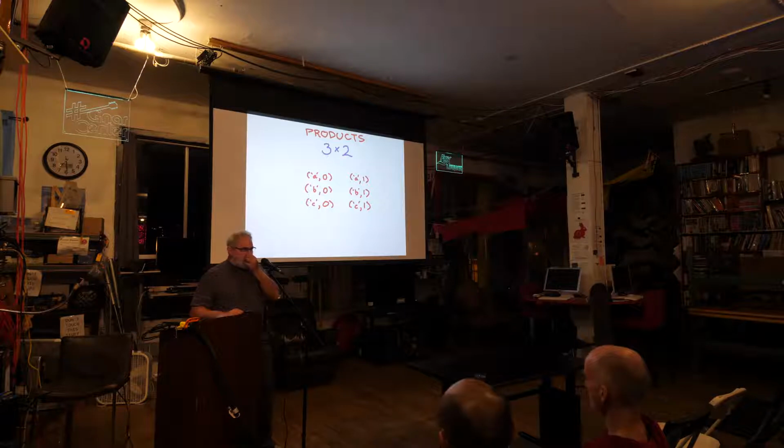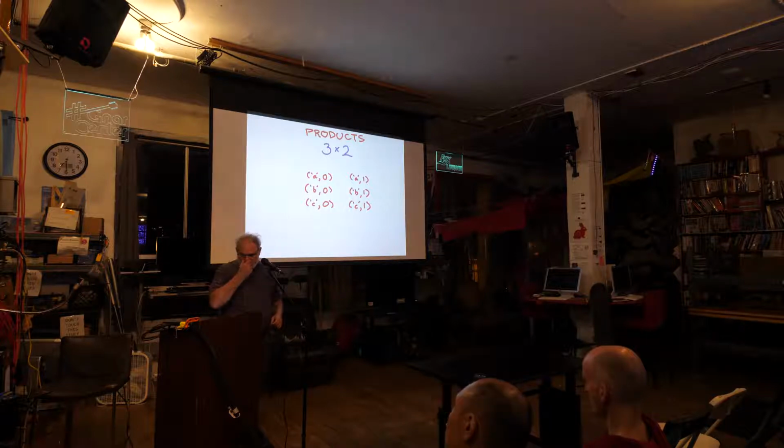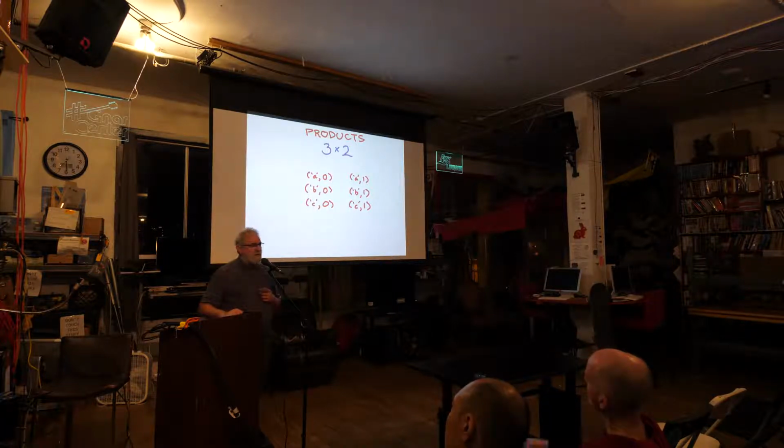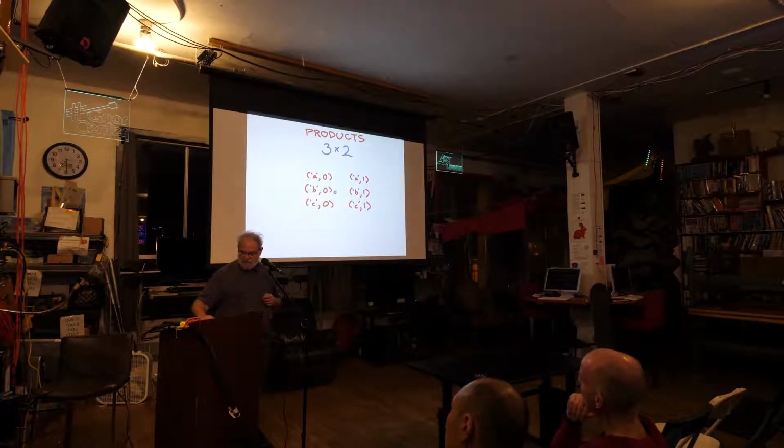And let 2 be another set consisting of just 2 things, 0 and 1. Then what is their Cartesian product? It's just all possible ways of pairing them. So it's A paired with 0, B paired with 0, C paired with 0, A paired with 1, B paired with 1, C paired with 1.